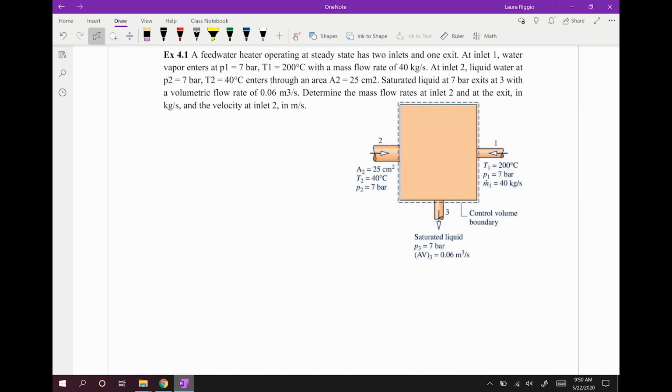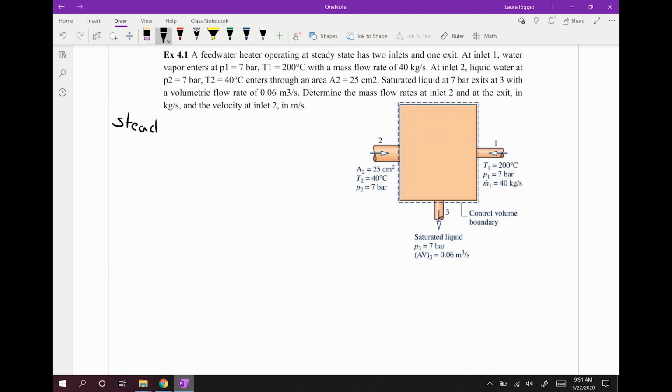At inlet 2, we have liquid water at 7 bar and 40 degrees Celsius, and the area is 25 centimeters squared. Saturated liquid at 7 bar exits at 3 with a volumetric flow rate of 0.06 meters cubed per second. We want to determine the mass flow rate at inlet 2 and at the exit, and the velocity at inlet 2.